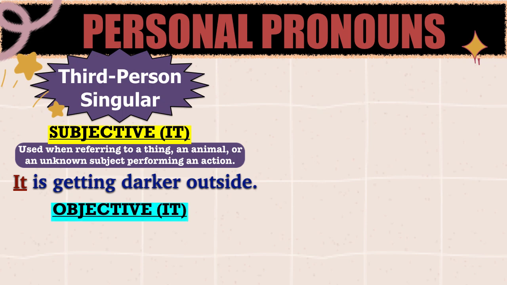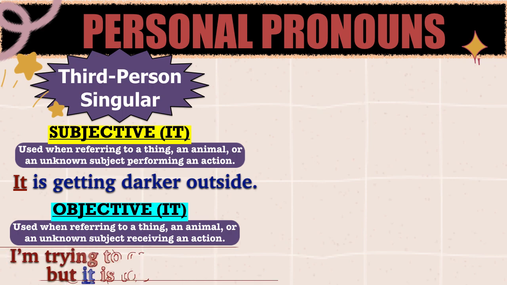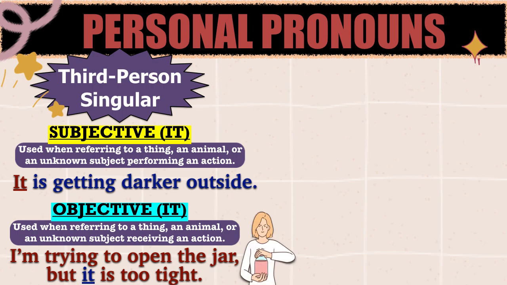Objective: it. Used when referring to a thing, an animal, or an unknown subject receiving an action. Example: I am trying to open the jar, but it is too tight. Since it remains the same in both subjective and objective cases, its function in the sentence determines its role.